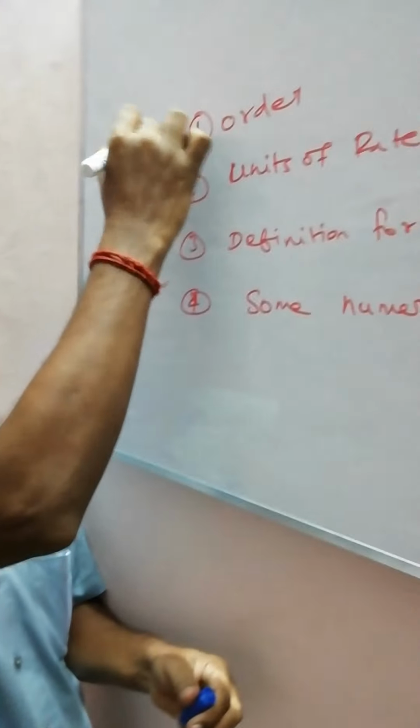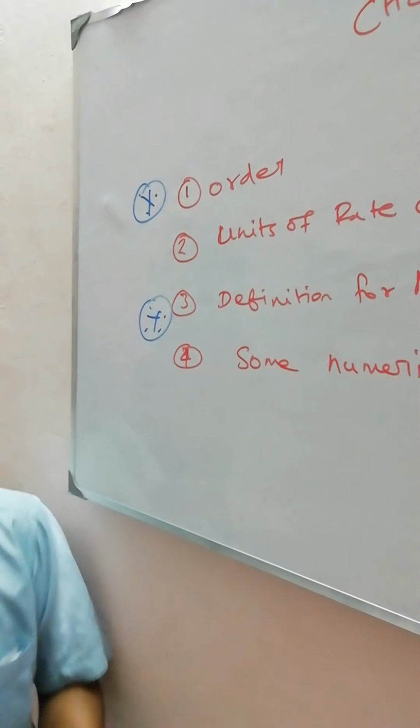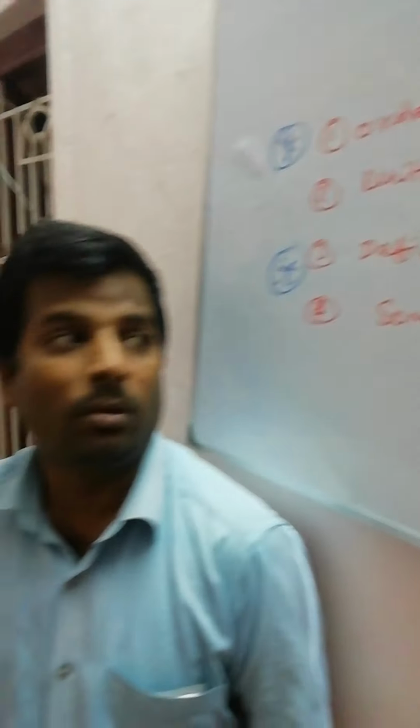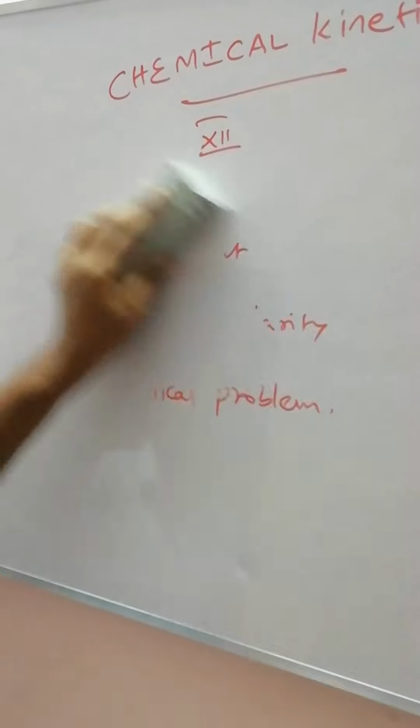In this case, order and molecularity are very important terms. Order and molecularity are important parts in chemical kinetics. Now I am going to start order with some example.